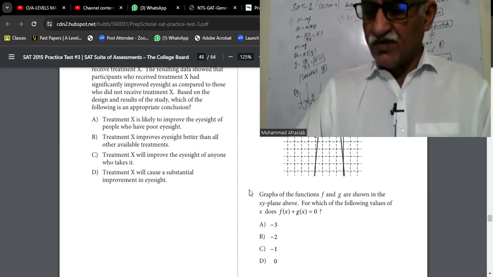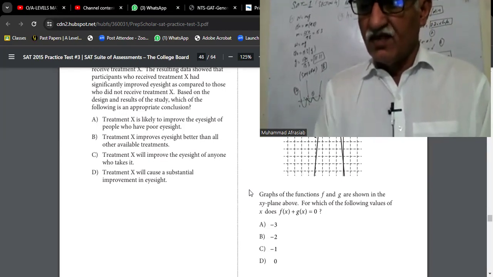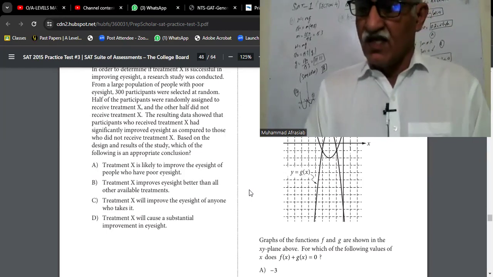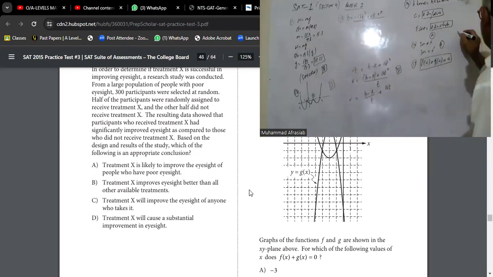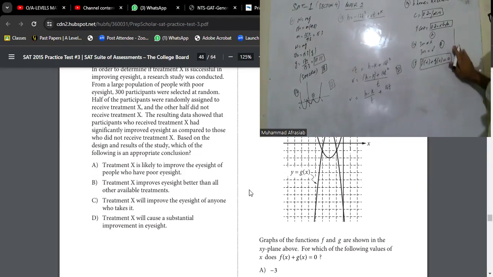Since these are the two graphs shown in the figure, we see that from this graph, this is the point where they are going to meet.